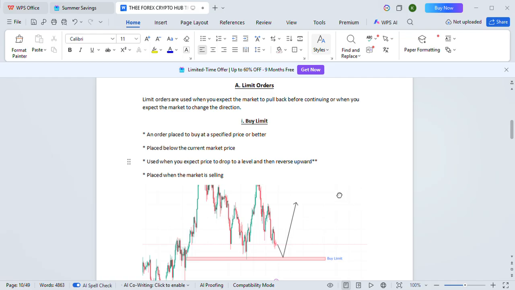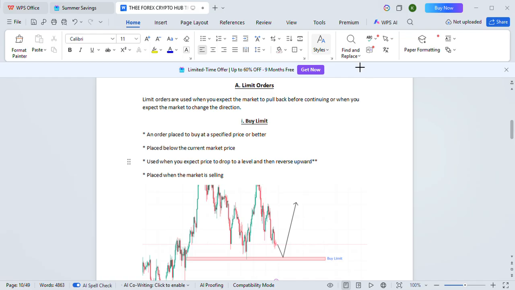Then the opposite of it is what we are calling the buy limit. So let me use a pair with the USD because the pairs with the USD have been buying, so right now they are selling. You can see USD JPY, it has made a good move. So let's say we expect this pair to come down to here, half of this.